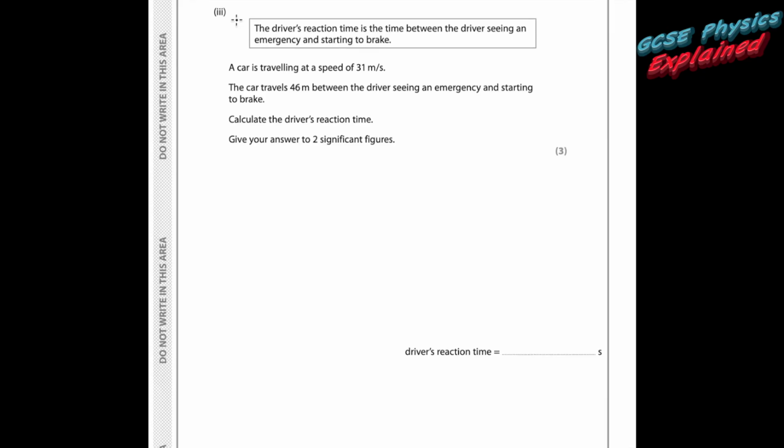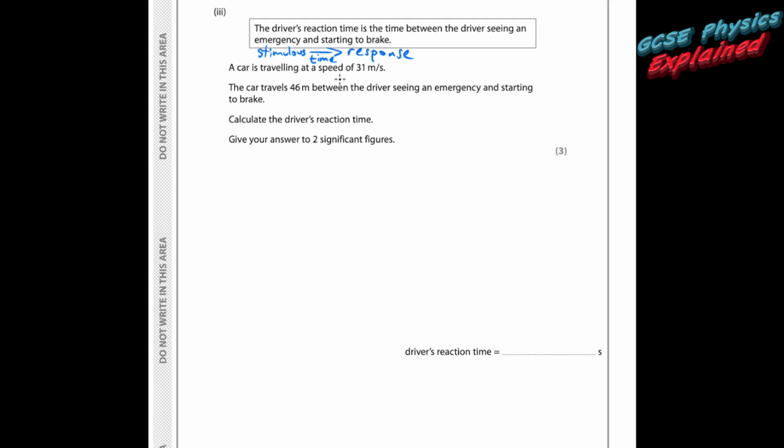Part 3. The driver's reaction time is the time between the driver seeing an emergency and starting to brake. So that's what we say between seeing a stimulus and then starting to brake. That would be your response. And between there and there is the reaction time.